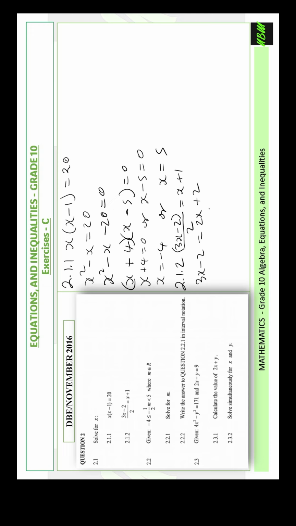And then we solve. Transpose: 3x minus 2x will be equals to 2 plus 2. 3x minus 2x will be x, and this will be equals to 2 plus 2 is 4. Then the solution for 2.1.2 will be x is equals to 4.